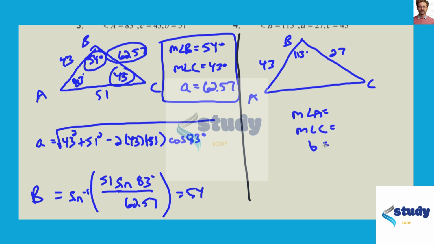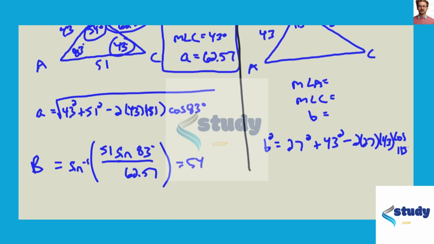Again, using the law of cosines to find side B, you can say that B squared is equal to, I'll start with 27, 27 squared plus 43 squared minus 2 times 27 times 43 times the cosine of 113 degrees. And like we did before, we can just square root and find it all at once.